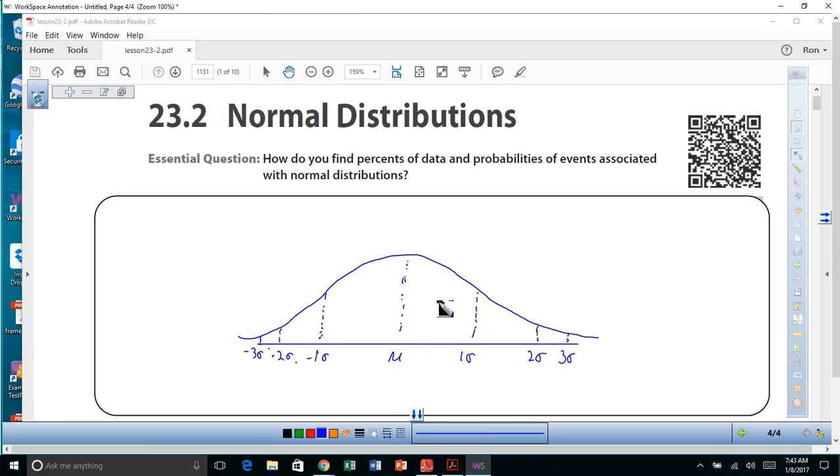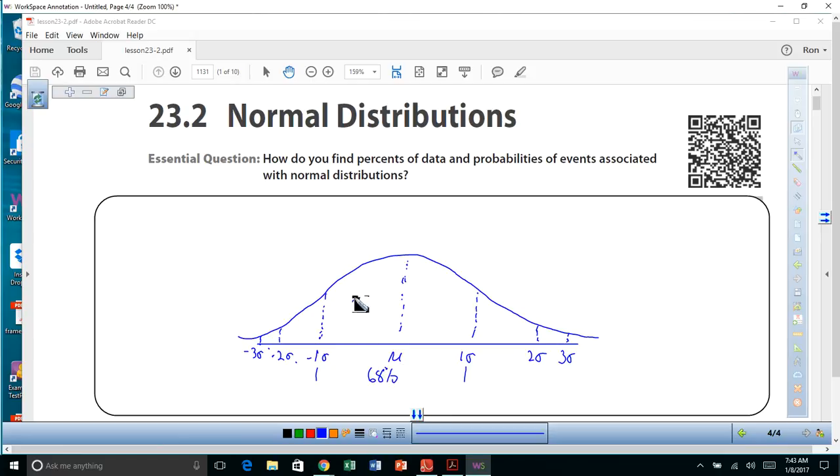All right. So how does that help us? Well, we know that on this side over here is half the data, and then over on this side here is half the data, right? Okay. Well, from plus or minus 1 standard deviation is 68% of the data.